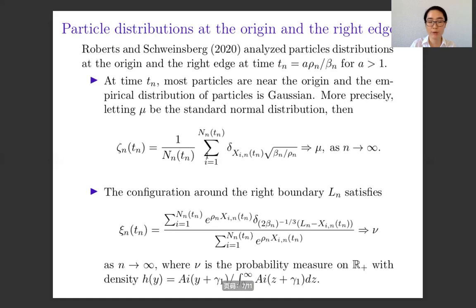Although the bulk of the distribution is Gaussian, the behavior near the right boundary L is different. They define a random measure which characterizes the empirical distribution of particles close to the right boundary L, and show that this random measure converges in distribution to the probability measure mu with density proportional to the Airy function.